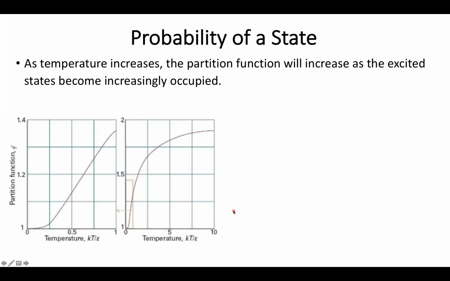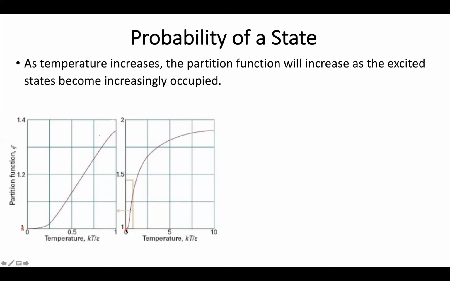As I increase the temperature, I'm going to watch this partition function go up from a value of 1, where only one state is in control, to, as the temperature goes up, increasingly occupying those other excited states, which play an increasing role. So my partition function is going to increase as more and more states add a significant contribution.